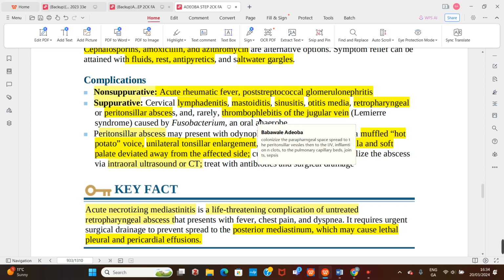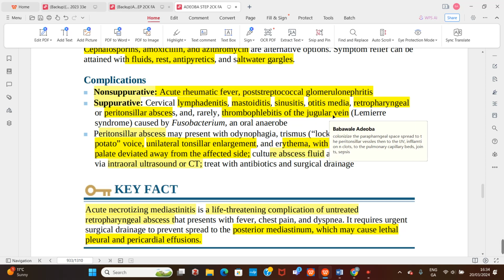So then I almost missed something, which is thrombophlebitis of the jugular vein. It occurs when the pharyngitis, the inflammation, starts spreading around the tissue around the pharynx. They migrate into the peritonsillar vessels. Then from the peritonsillar vessels, they can get into the internal jugular vein.